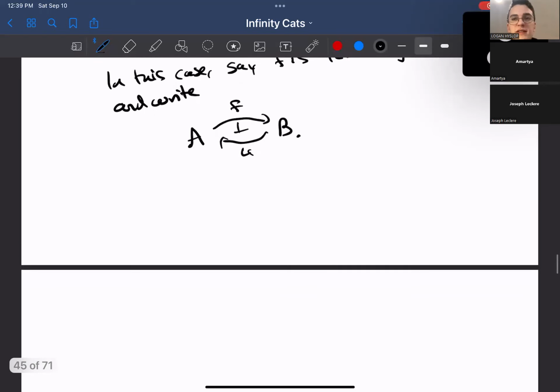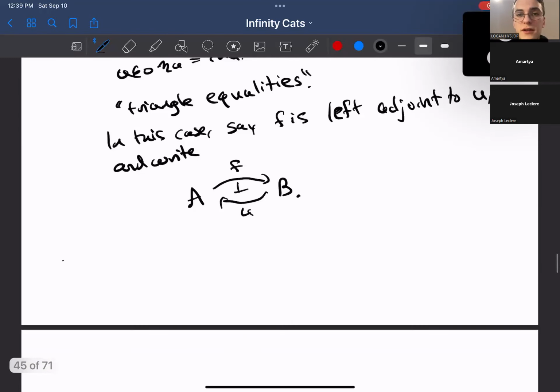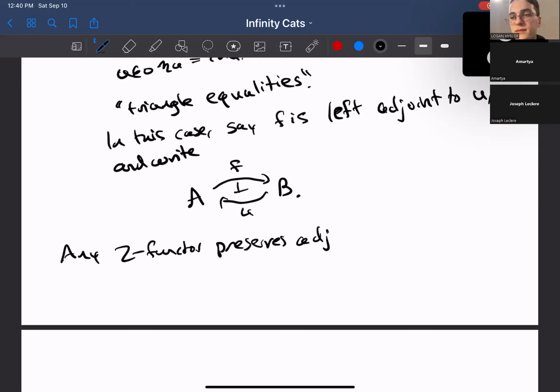And now we get a bunch of nice facts from it. Since this is just a general definition for any 2-category, and all this data is preserved by any 2-functor, any 2-functor preserves adjunctions.